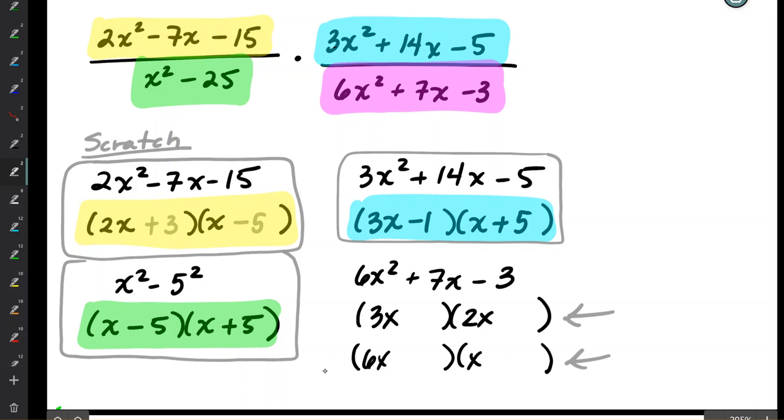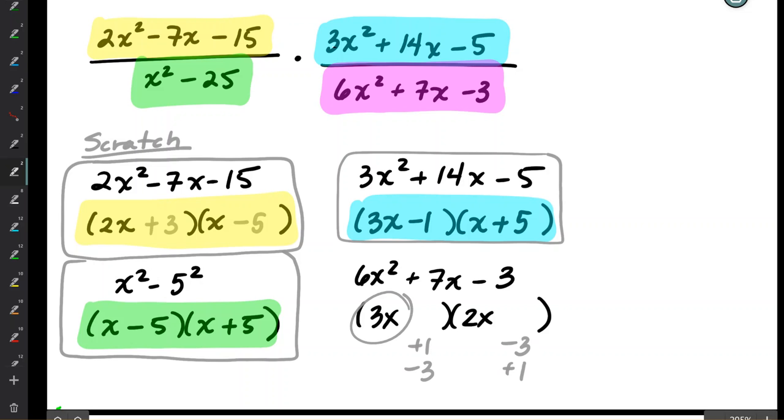My recommendation is to just pick one of them. And now I'm going to run through, is it a positive 1 and a minus 3, or a minus 3 and a positive 1? Same thing with negative 1 and positive 3. I'm going to run through those 4 choices before I decide it's not a 3x times a 2x to give me 6x squared.